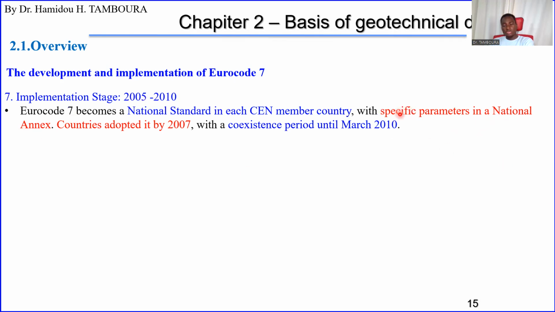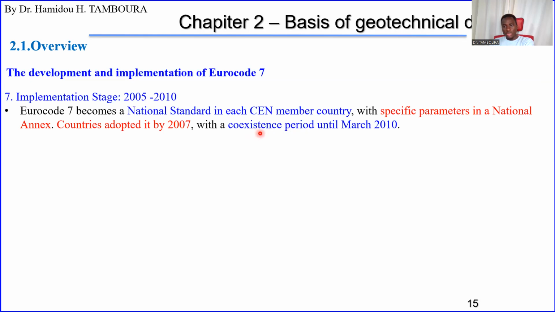That is very important for you to know, because despite the Eurocode being the standard code, if you change from one country to another, some very specific parameters will change.